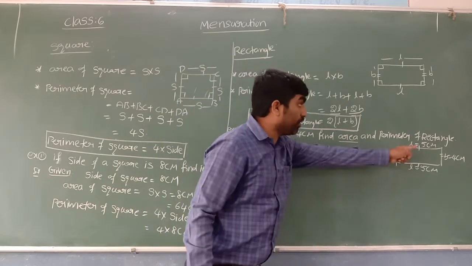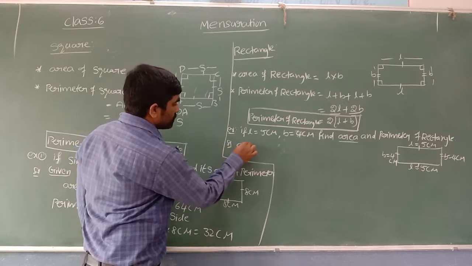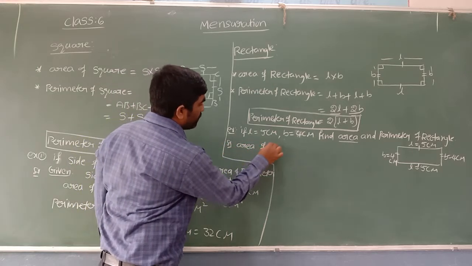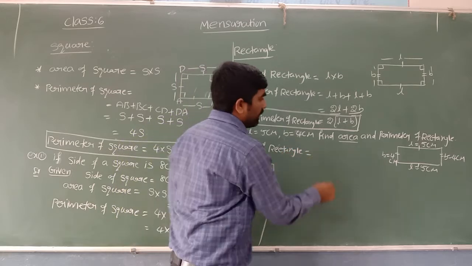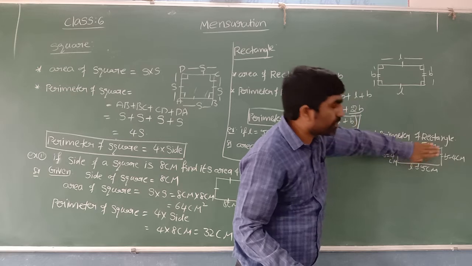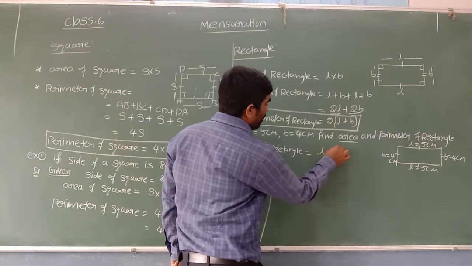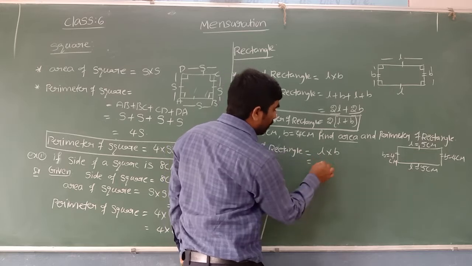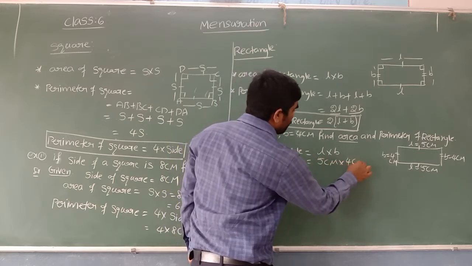To find the area of a rectangle, what formula did I say? L into B. What is meant by area? I said it is the inside place of this closed figure. To find that area, we have the formula L into B, where length is equal to how much? 5 centimeters, into breadth is equal to how much? 4 centimeters.